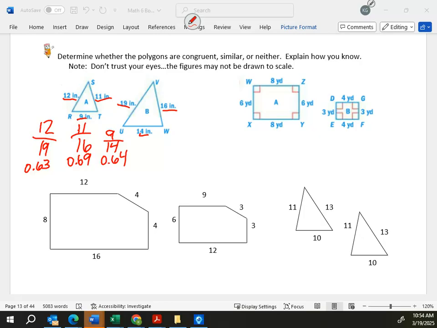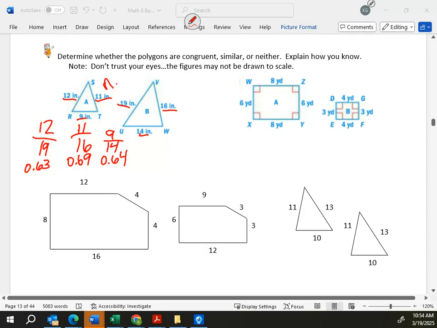No, they are not identical numbers. Are my polygons similar? Why not, Adeline? We get a different decimal when we do our division. If you get a different answer when you divide the numerator by the denominator, if they are not the same answer every single time, it is neither.